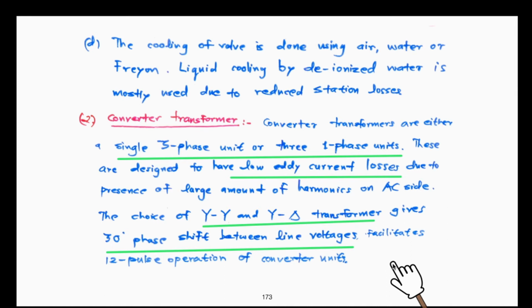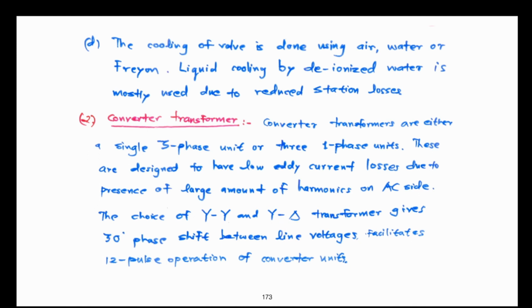The positive half cycle is rectified and available as DC on the output side, and similarly the negative half cycle will also be available as positive voltage, or rectified DC voltage. So 2 pulses. Like this, 12 pulse operation is generally preferred for bulk power transmission. It gives very little ripple content and a flat DC voltage profile.